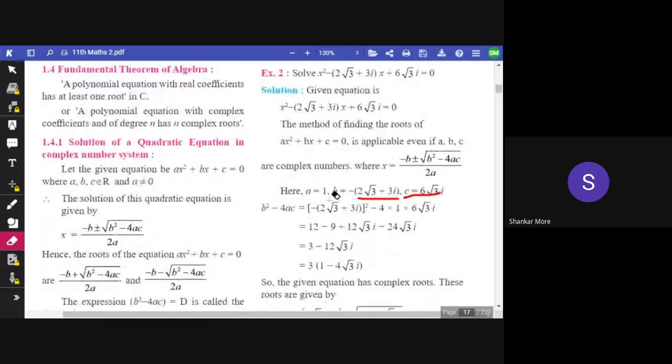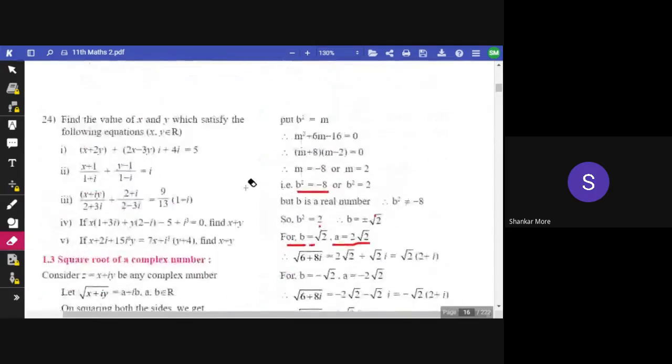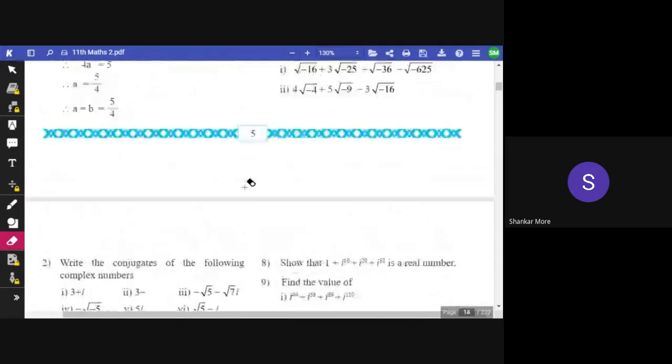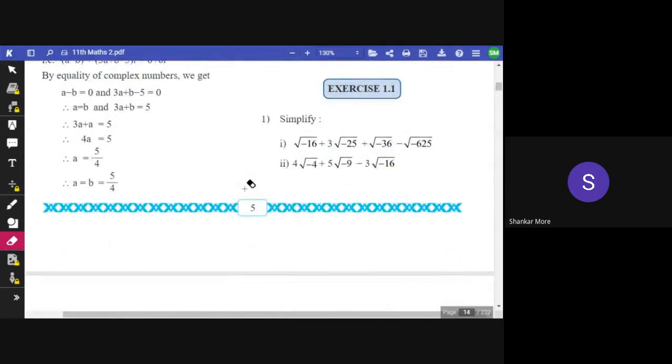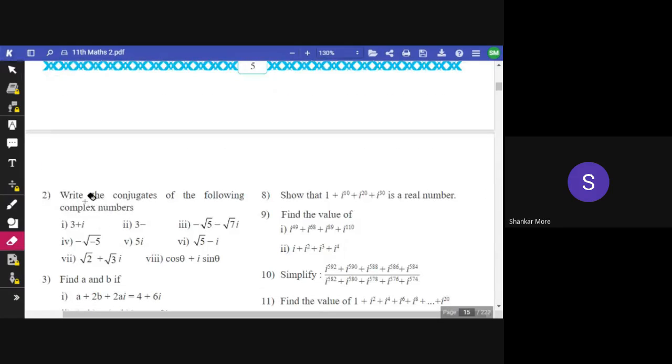Exercise 1.1 or 1.2? 1.1. Which question? I'm just opening 1.1. Which one did you get wrong? Second. This one. In the second question, which is the sub question?